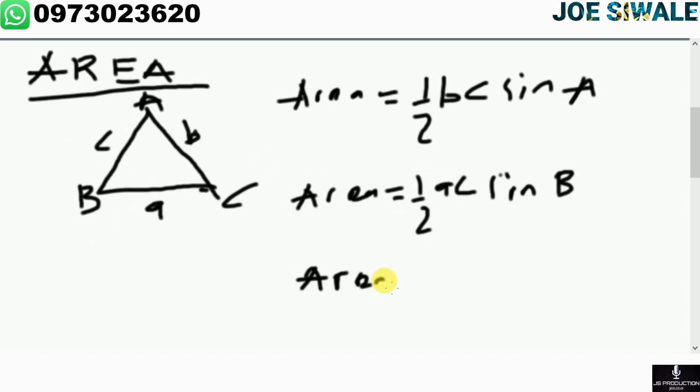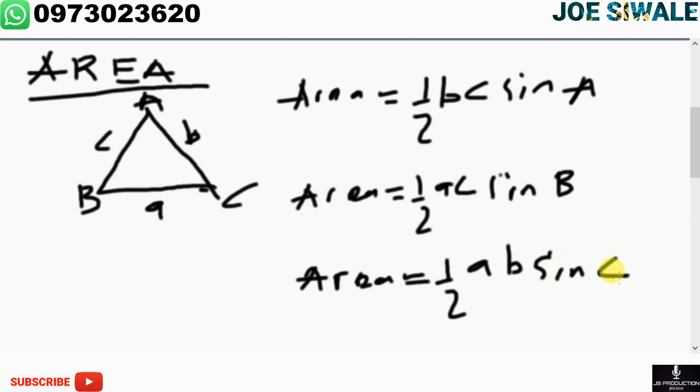So this will be area is equal to half, since the angle is here, half ab sine C. So these are the formulas that you need to take into consideration. Let us now look at an example.